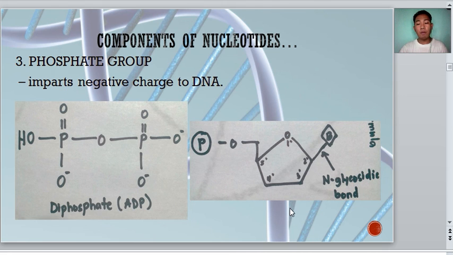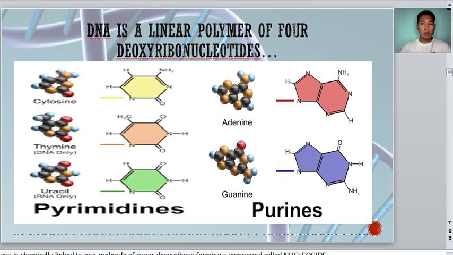In the case of DNA, the sugar is deoxyribose, and for RNA, the sugar is ribose. And notice that the bond between the ribose or deoxyribose sugar and the nitrogenous base is known as the N-glycosidic bond.